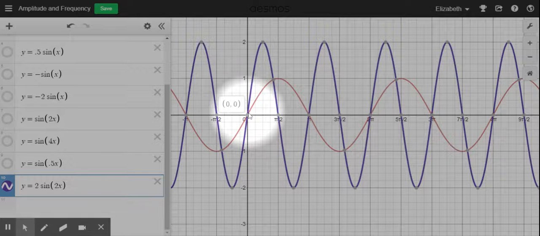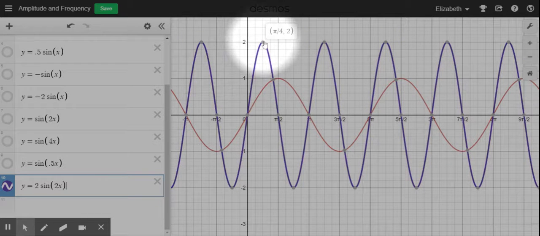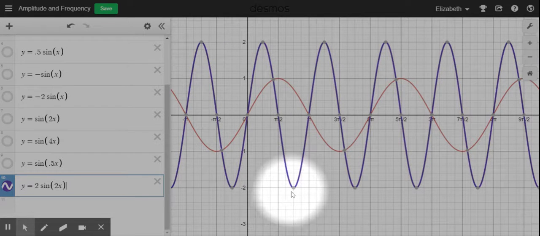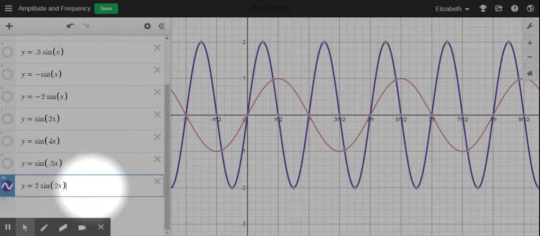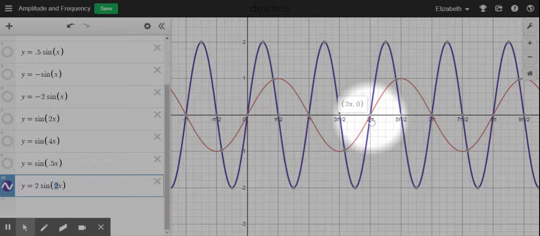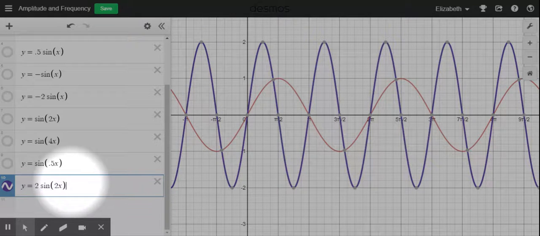Okay, and you can see it goes all the way up to 2, but it's also skinnier. So it has a height or an amplitude of 2, so 2 to negative 2, 2 units away from the center, which is 0. And the 2 right here means you get 2 complete curves before you get to 2 pi. So up, down, up, back to 2 pi, you get 2 complete curves in there. So you can have both of those things happening at the same time, and usually we do.